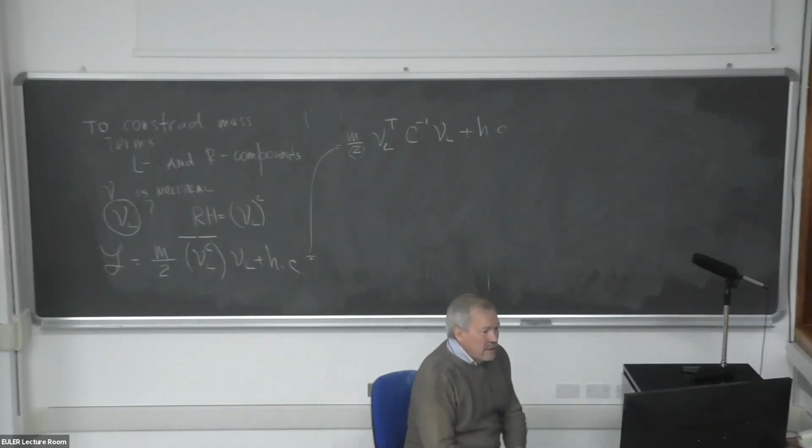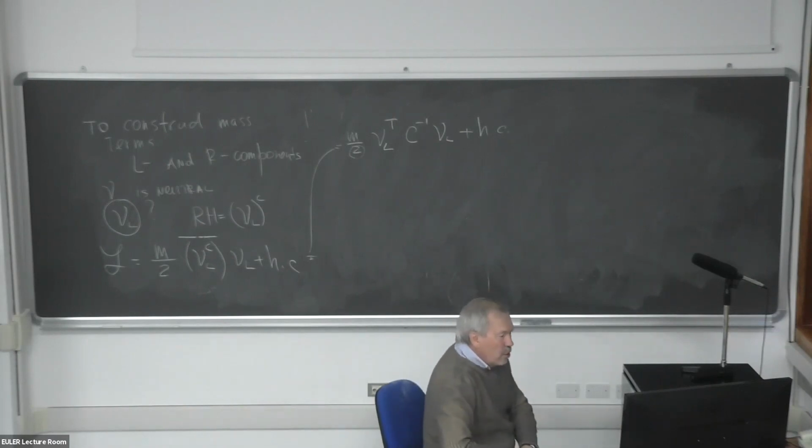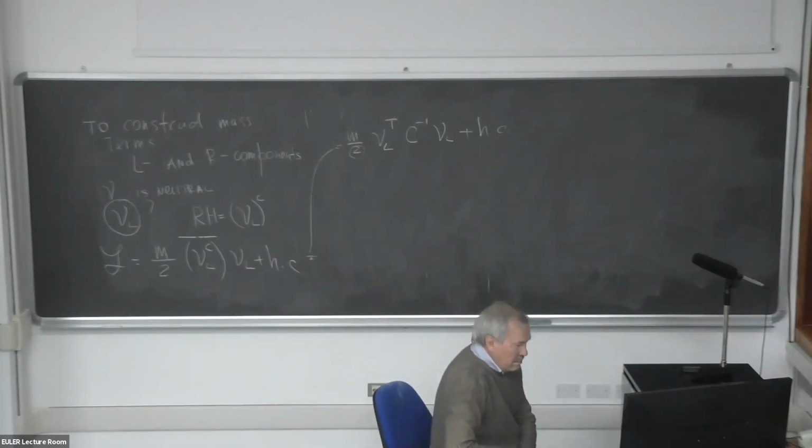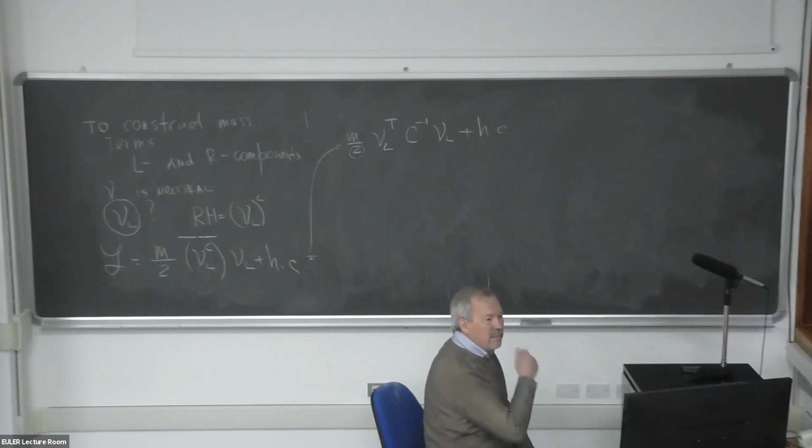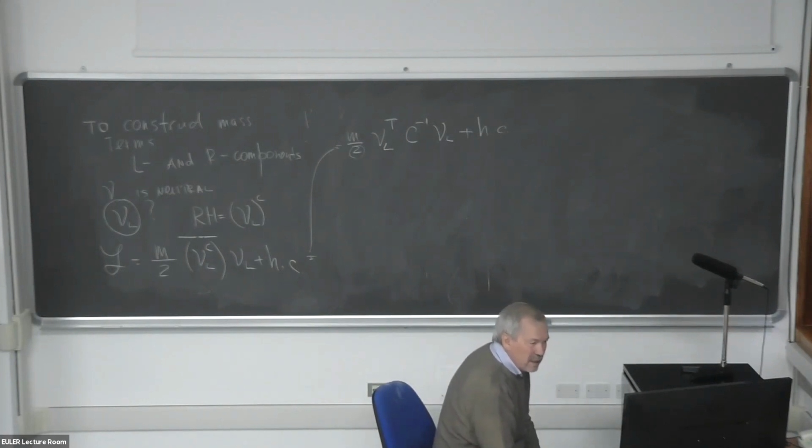So if there is no question, then I will ask a question. Why can we not do this for the electron? Or for the muon? Just take the left-handed component of the muon, make charge conjugation, and write a mass term for this. Why is it not possible?